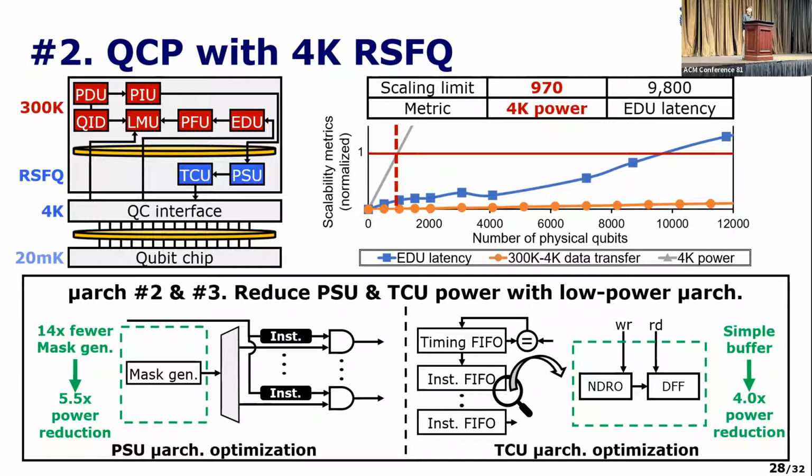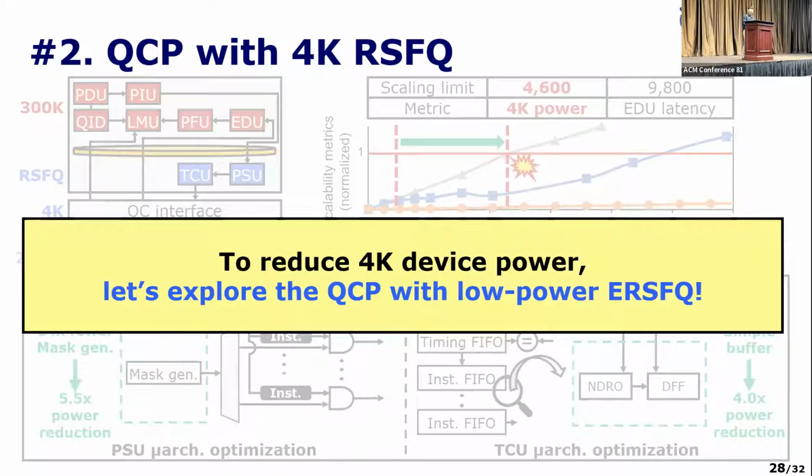Specifically, as the multiplexers and demultiplexers incur significant overhead in RSFQ, we design our TCU without using them. As a result, we significantly improve the scalability to 4,600 qubits. However, as the 4 Kelvin power is still the scalability bottleneck, we should further reduce the 4 Kelvin power consumption. Therefore, we decide to explore the control processor with much lower power ERSFQ technology.